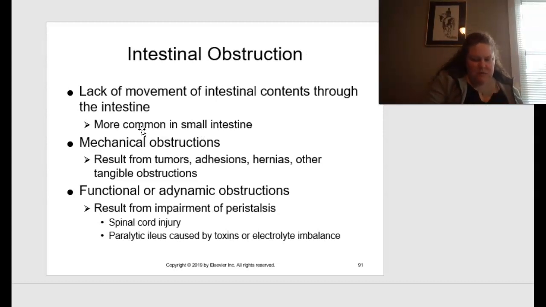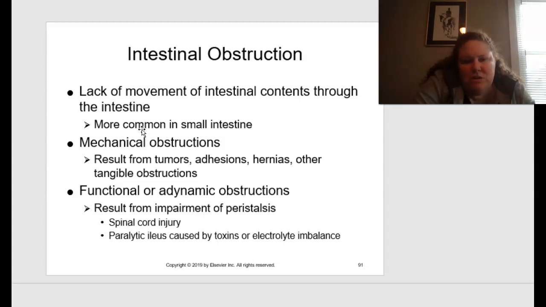Talking about intestinal obstruction, this is discussed on page 479. This is a lack of movement of intestinal contents through the intestine. This is more common in the small intestine. You have mechanical obstruction, which can result from tumors, adhesions, hernias, and other tangible obstructions.